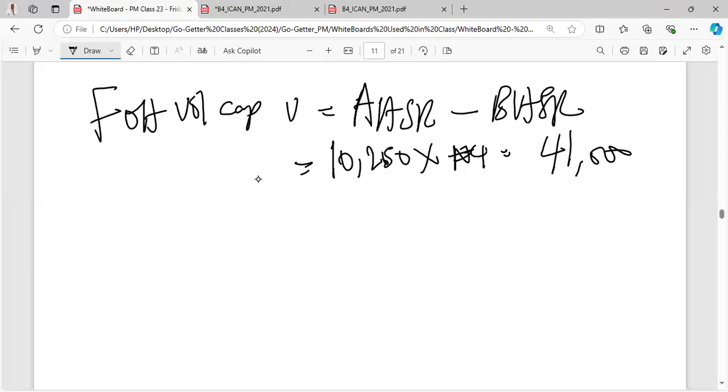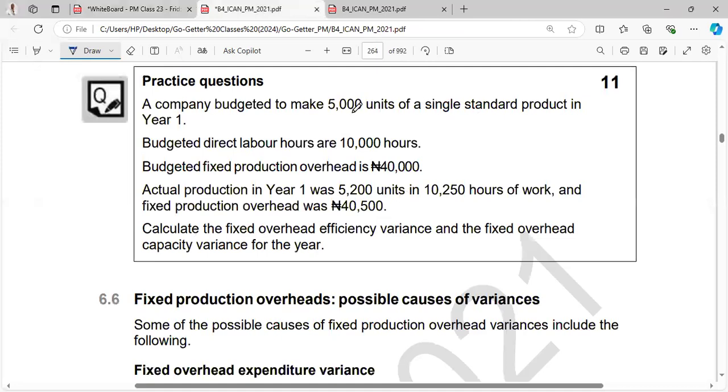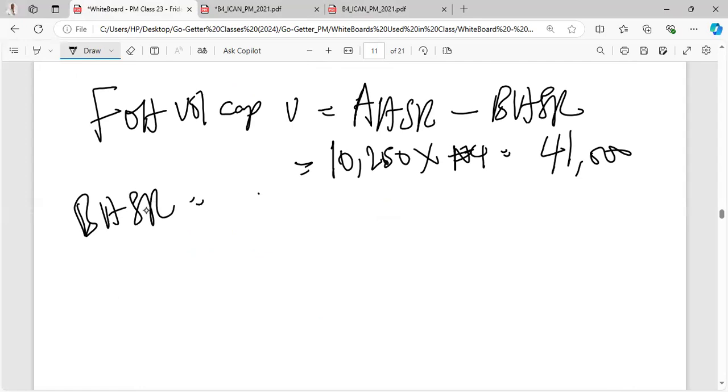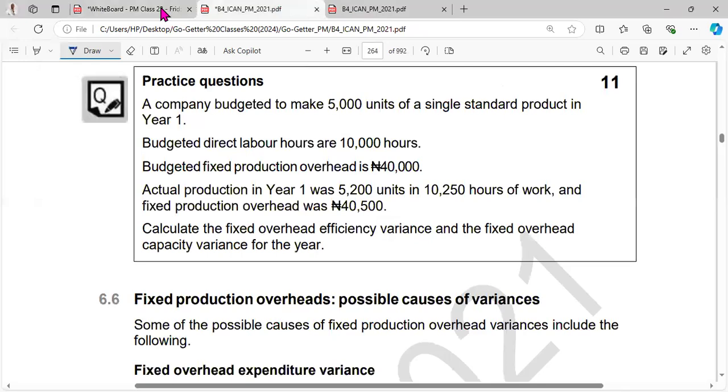Then the budgeted hours, standard rate: what's the budgeted hours? It's 5,000 units, which is 10,000 hours.